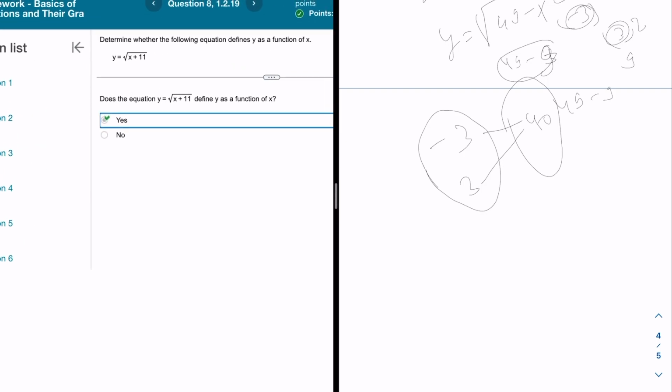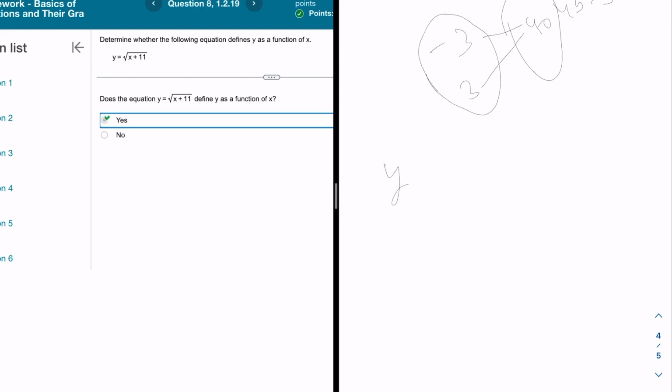Determine whether the following equation gives y as a function of x. y equals x plus 11. So if you plug in anything for x, it will add with 11 and come out with a single number.